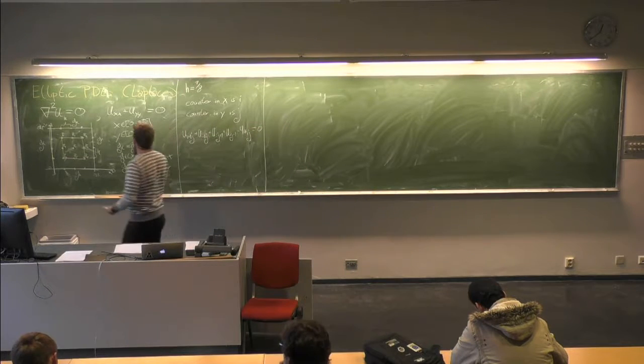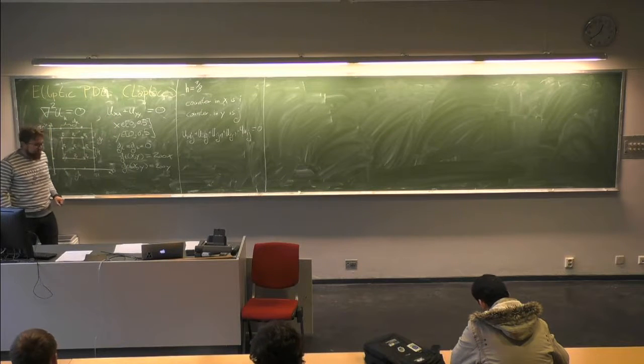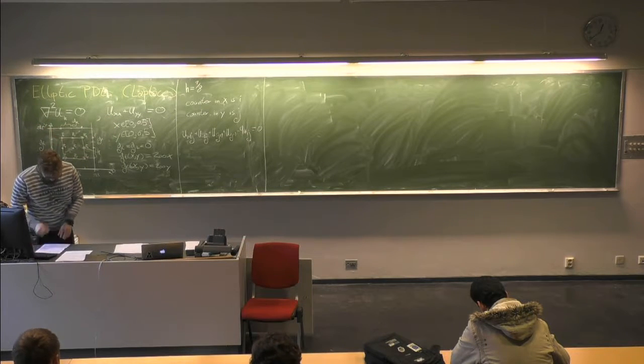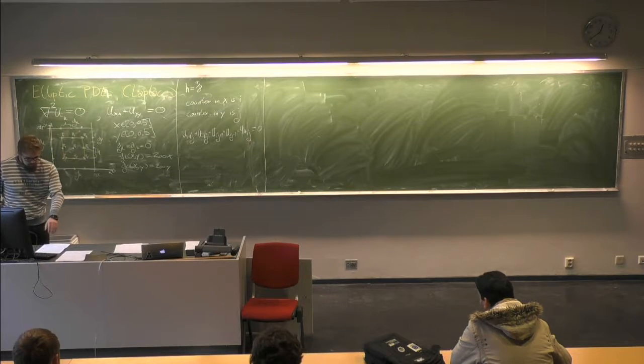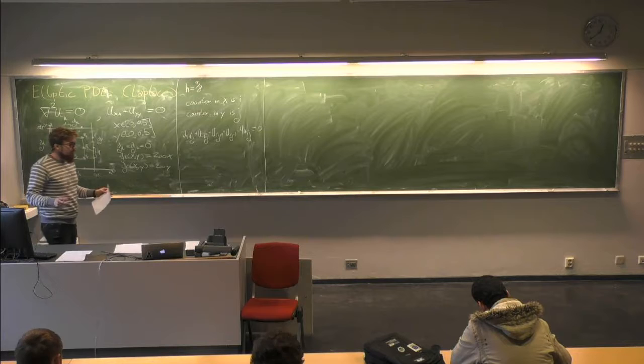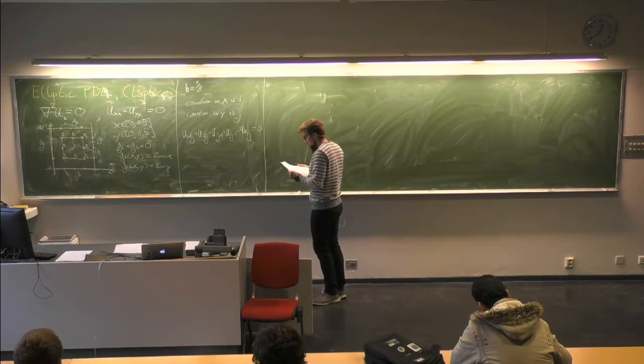That's the discretized version of the Laplace equation. Next, we can solve for each of these points. So I'm going to do some of them again, but a bit quicker this time.